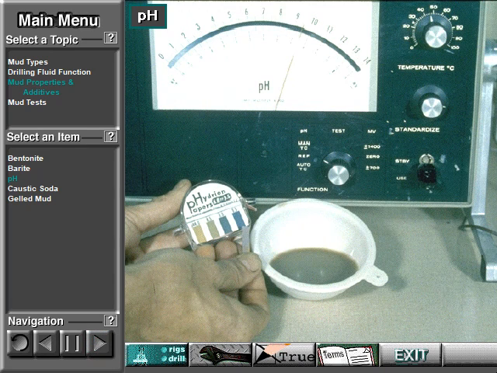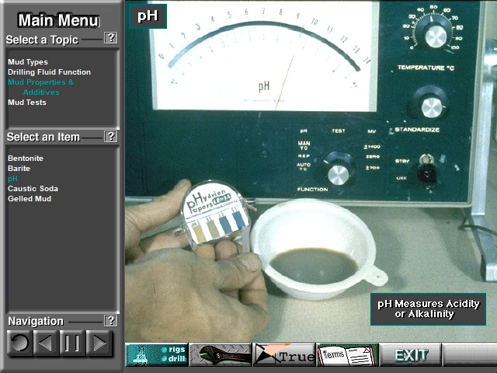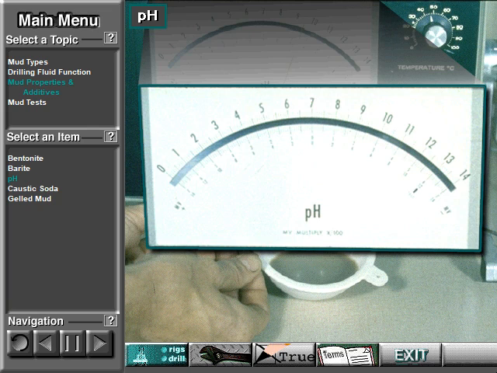The control of many mud properties depends on its pH. The pH of a mud is a measure of its acidity or alkalinity. The pH scale runs from 0 to 14.